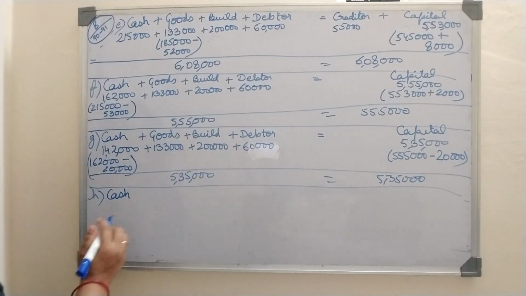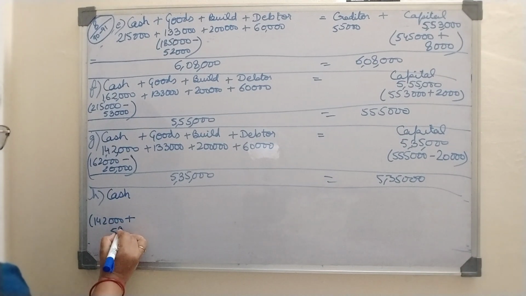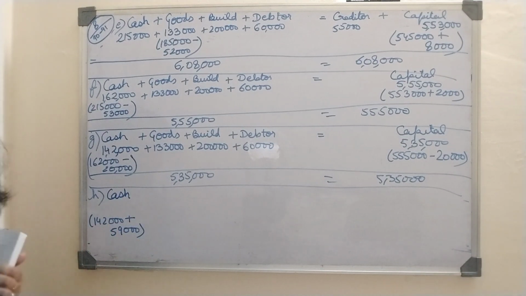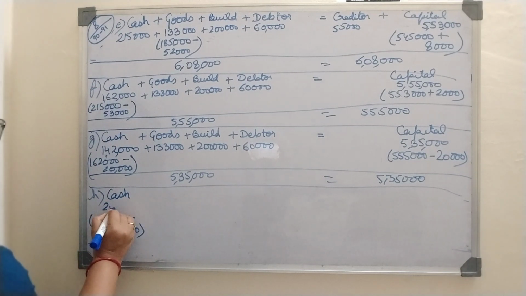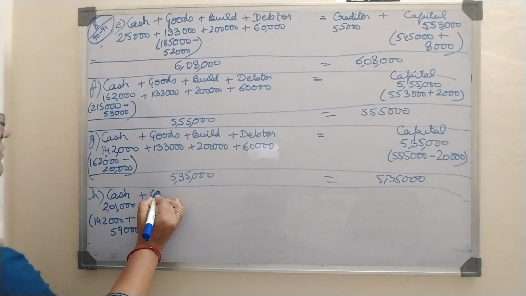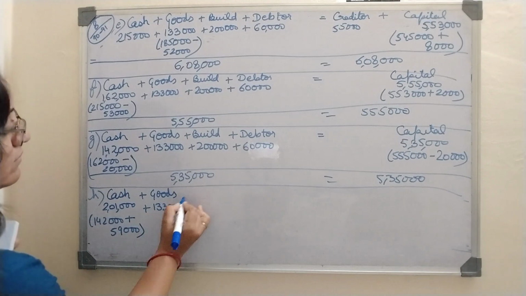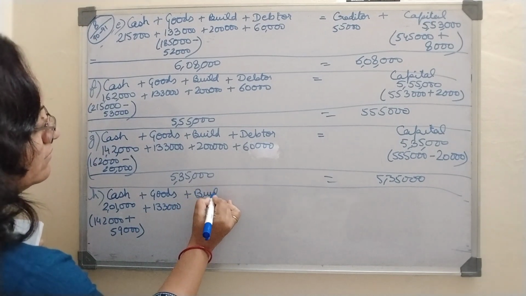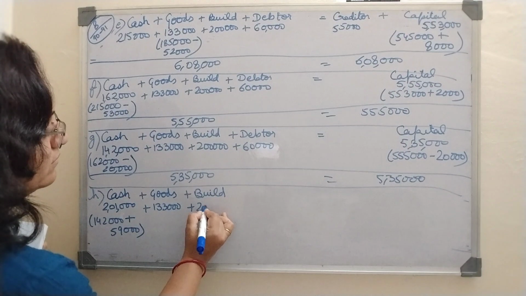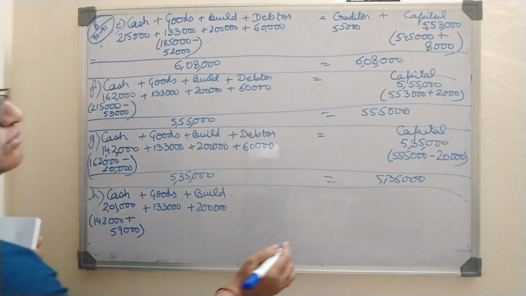So he has given us, means we have received cash. 1,42,000 plus 59,000, so it comes to 2,01,000. Debtor will not come because it is over.